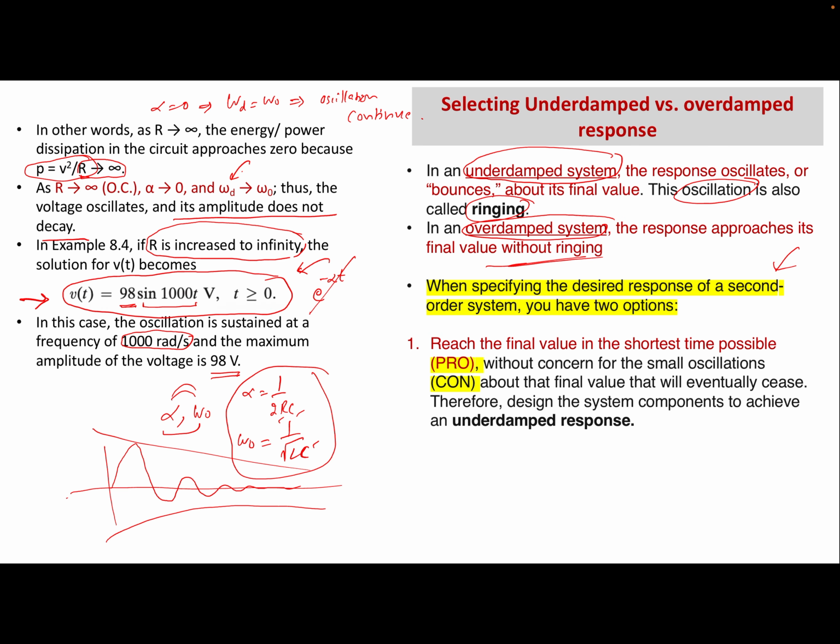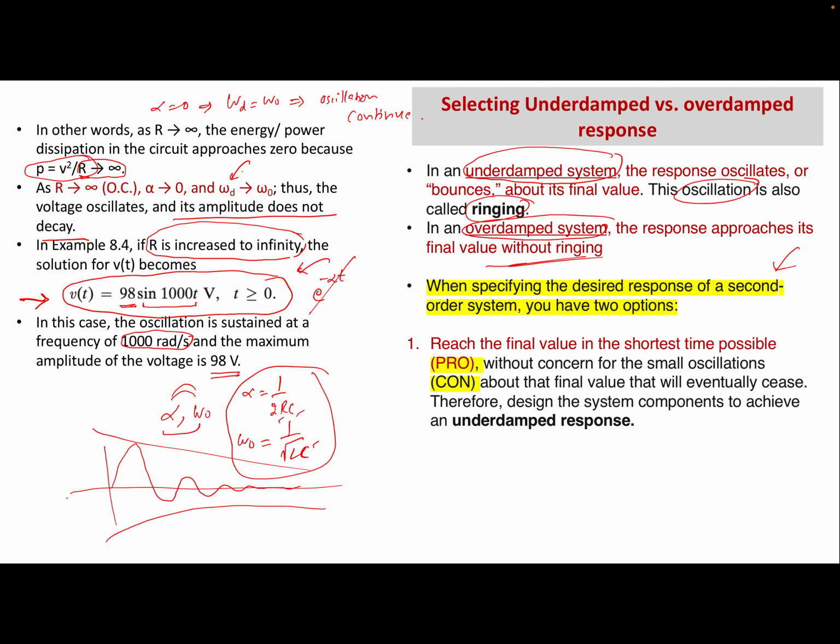Let's talk about the underdamped response, where we have this decaying oscillation of the response. The good thing about this response is that it reaches its steady state value quicker than an overdamped response. It will reach a final value quicker than the overdamped response.